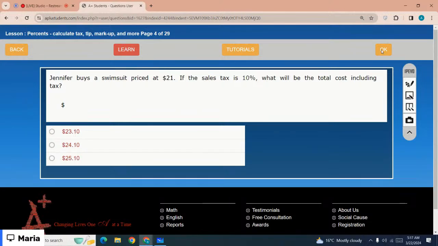Jennifer buys a swimsuit priced $21. If sales tax is 10%, what will be the total cost including tax? So, which is the correct option?